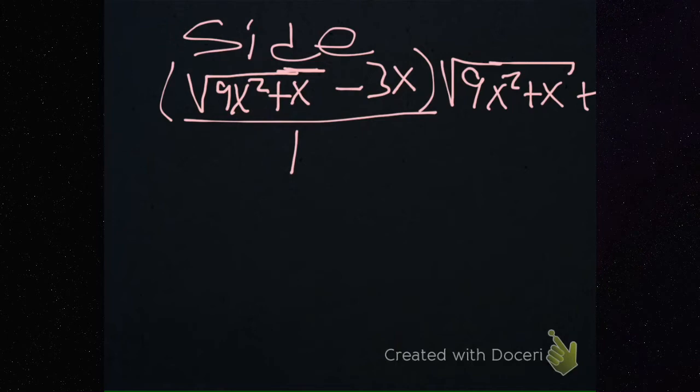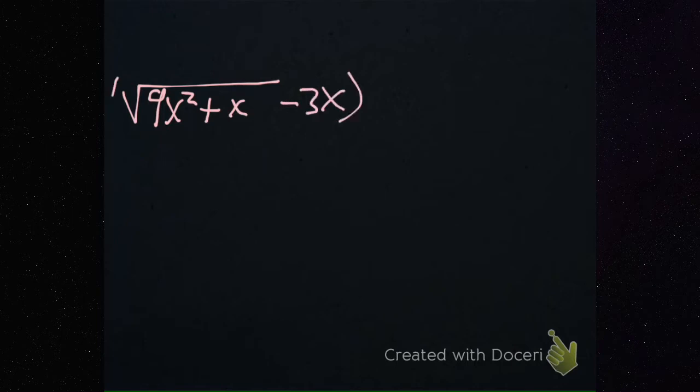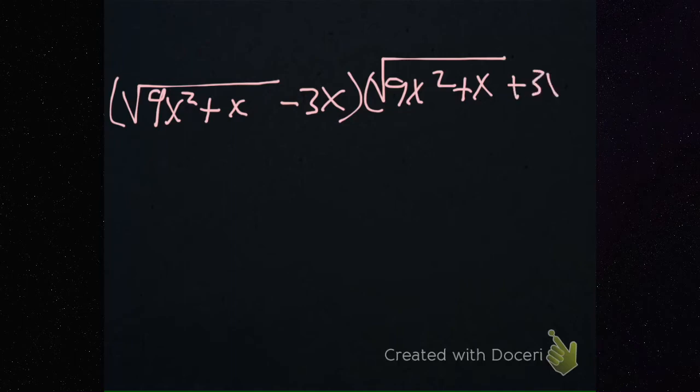Oh, no, scratch that. The conjugate is the square root of 9x squared plus x, that was the root, and what changes? The sign in between the two terms. Plus 3x. I had to go to a different slide because I ran out of room.